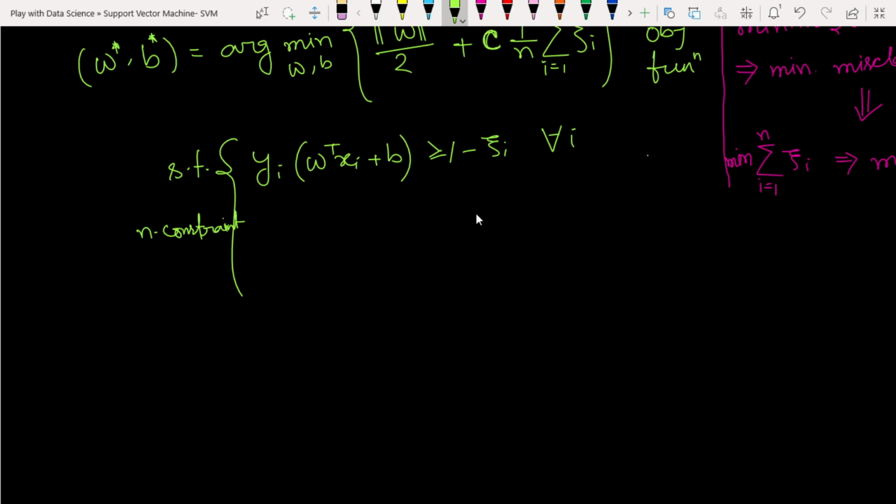And zeta i's are greater than or equal to 0. This thing we have to remember. If zeta is 0, then it is correctly classified. If it is incorrectly classified, then zeta is greater than 0.